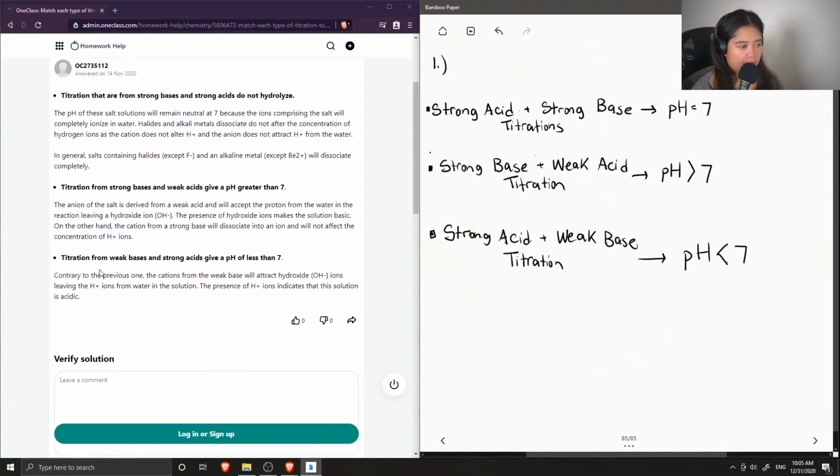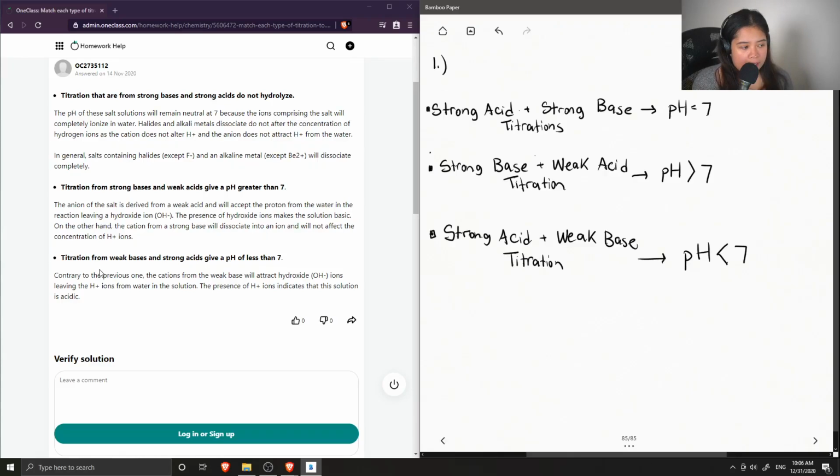Titration from strong bases and weak acids give a pH greater than 7. The anion of the salt is derived from a weak acid and will accept the proton from the water in the reaction, leaving a hydroxide ion. And the presence of hydroxide ions makes the solution basic.